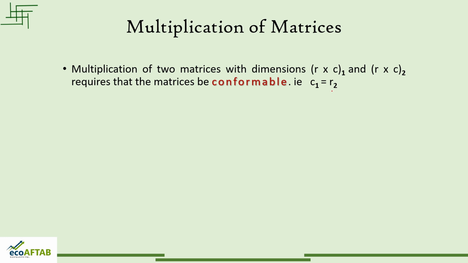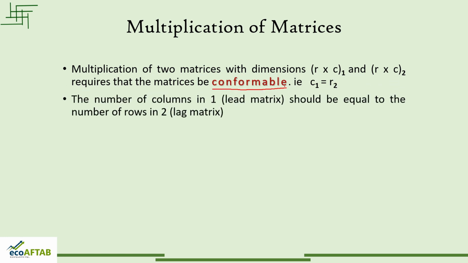For this, friends, I'll try to show you how it can be done. So here I'll take an example. Here we are making use of the word conformable. So here the number of columns in 1 should be equal to the number of rows in 2.